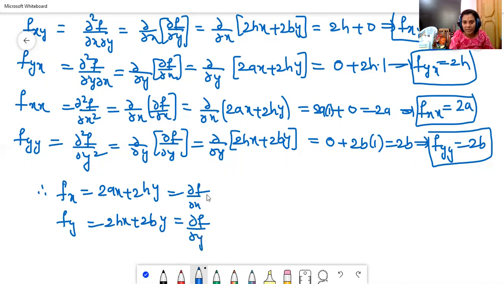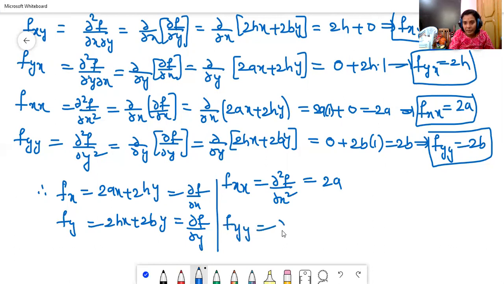These are first order partial derivatives. Second order: f_xx, that is ∂²f/∂x², equals 2a. f_yy equals ∂²f/∂y² equals 2b.